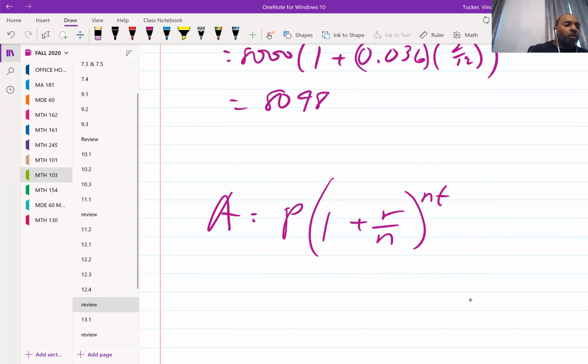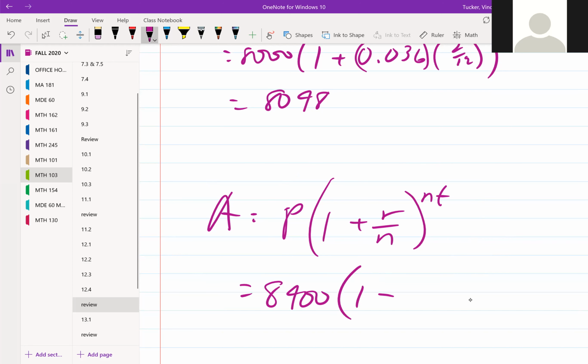So for P, what's your P? So P is 8,400. And then that's just a 1 plus. Your rate? My R is 0.09, correct? And then what's my N? Is it 12? Mine says semi-annually. So it says compounded how many times per year?